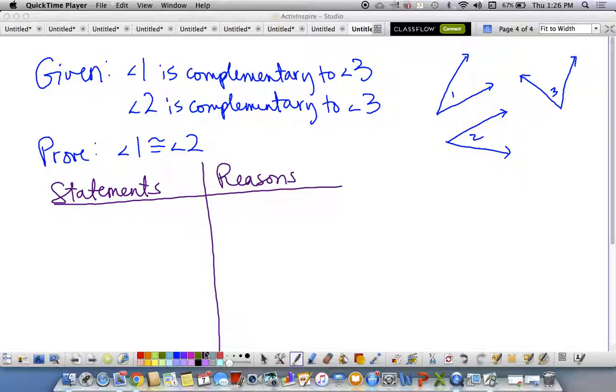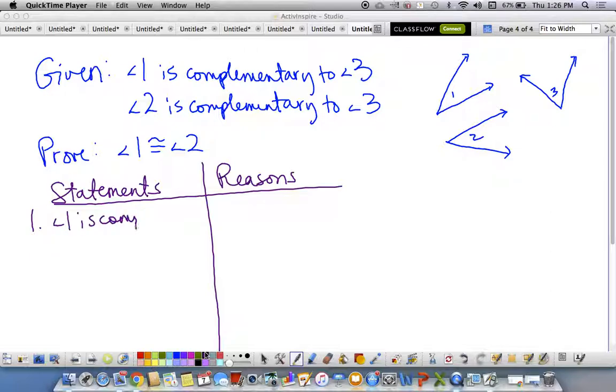Okay. So when a proof is assigned to you, you can always do the first 3 steps, because the majority of the time it's given to you. You should be able to write the first statement. What is the first statement in this proof? Angle 1 is complementary to angle 3.